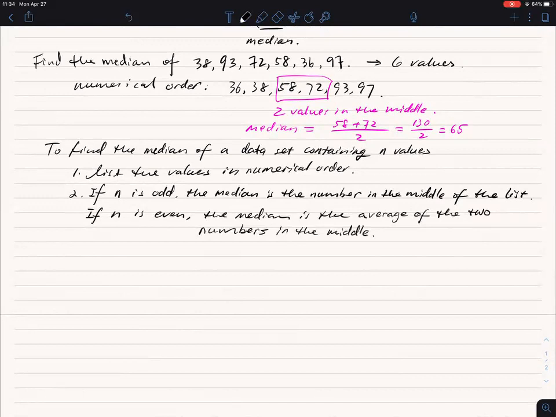Right? When n is even, then there are 2 numbers in the middle. That's it. Okay. So I believe you did mean and median a long time ago. So just recall how to do it.